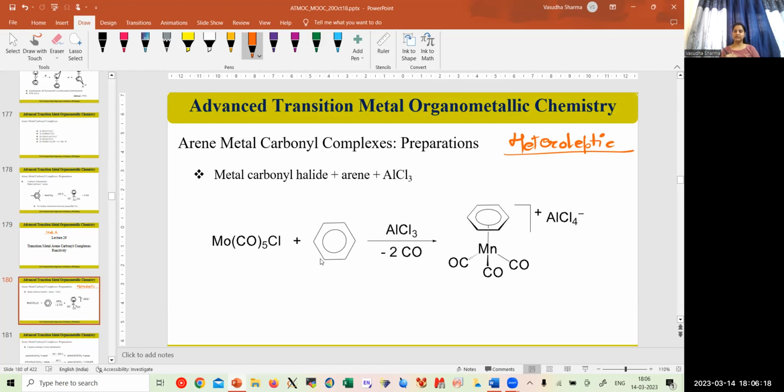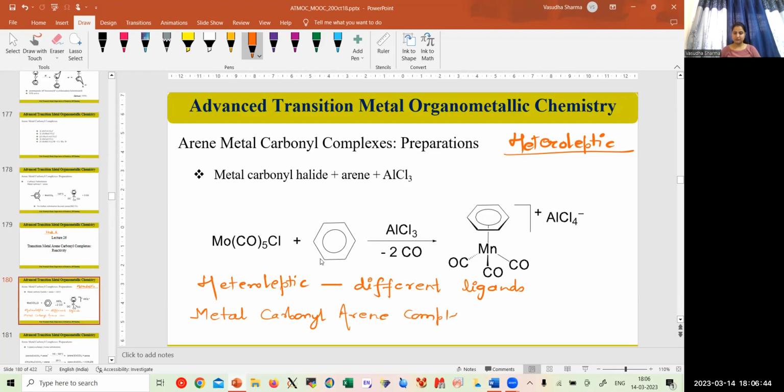And these metal carbonyl arene complexes come under the category of half sandwich complexes. So here we have to talk about its preparation.